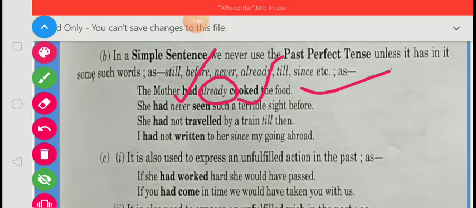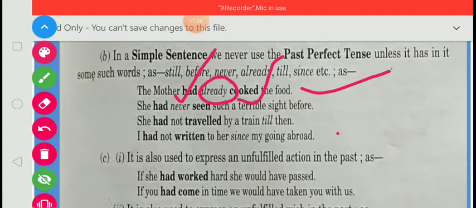Okay students, we prefer simple past tense to write such sentences in which these words referring to time have not been given. These words which refer to adverb of time, if they have not been given in the sentence, we simply express them in simple past tense.